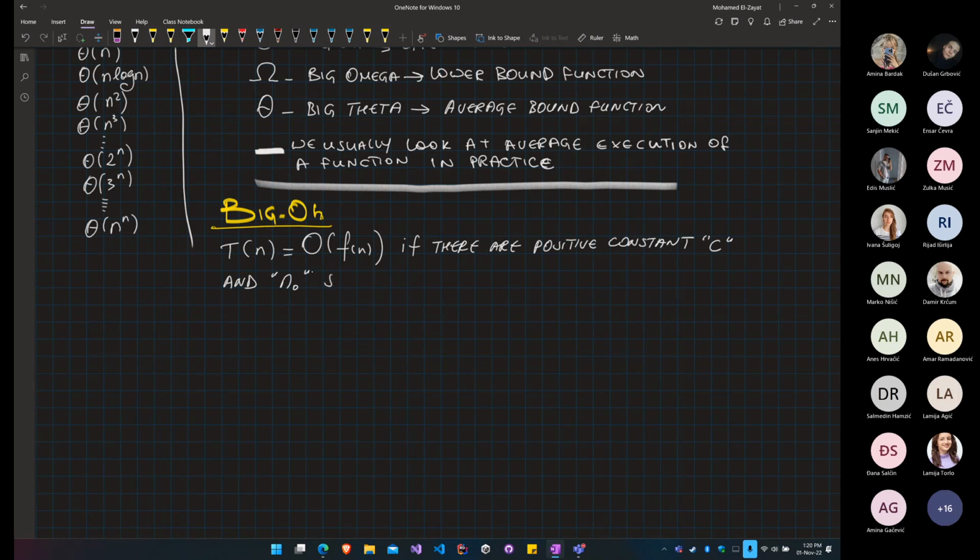So you have two constants, one called C, one called N0, such that T of n is less than or equal to C times f of n when n is larger than or equal to N naught.